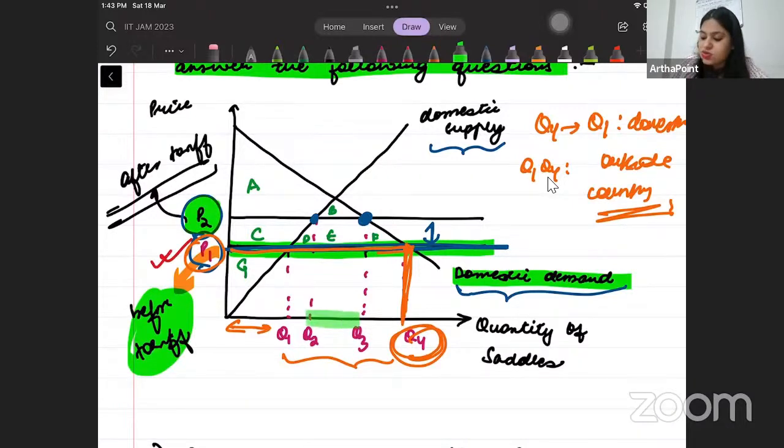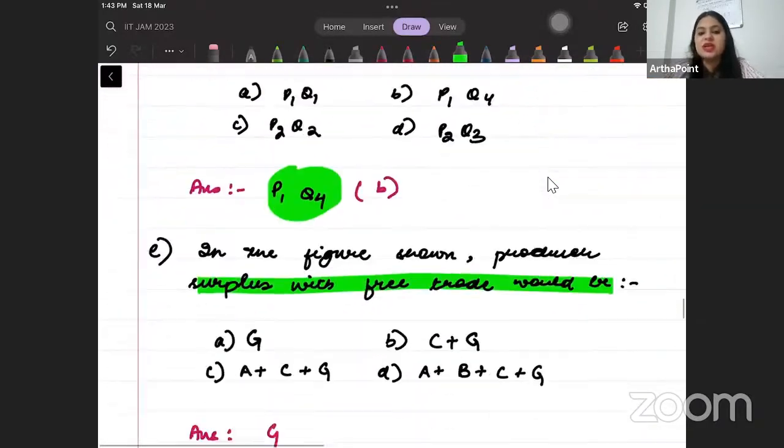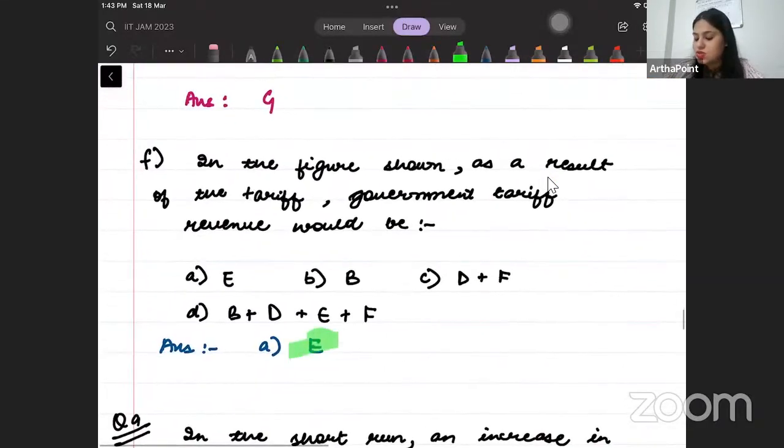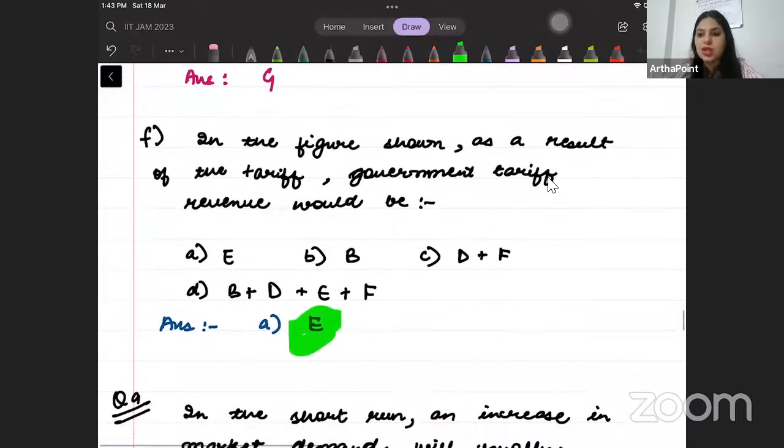So this is imports. This was demand at price P2, and this was supply at price P2. So these are the imports, this much, and tax paid is this much. So import tariff is the quantity imported times the tax paid per unit. So the tariff in this case is going to be E. So the answer to this question is E.